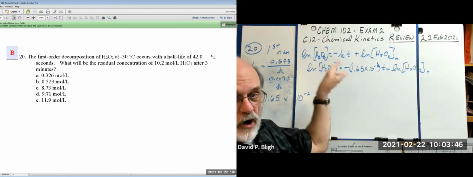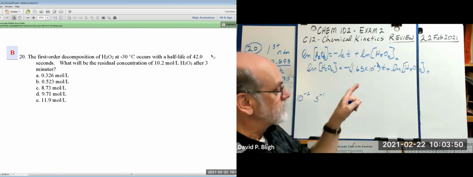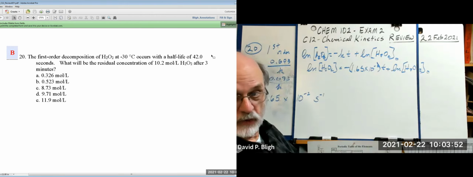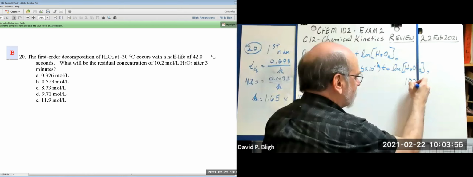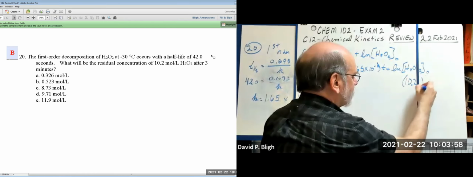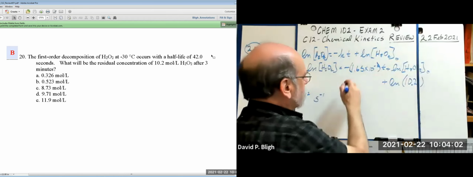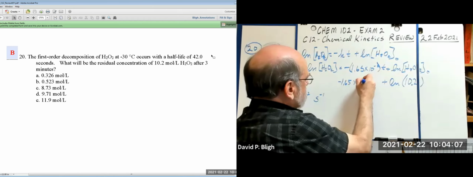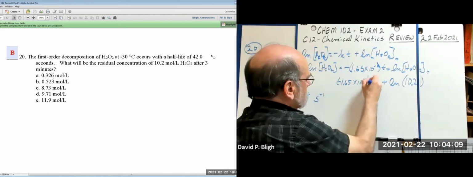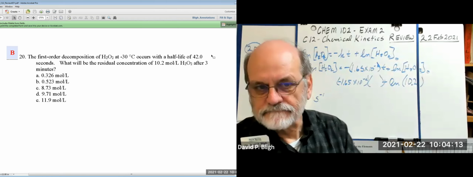So if we start off with 10.2 moles per liter, okay, and we have time, let's see, minus 1.65 times 10 to the minus 2 times t. But what's t?